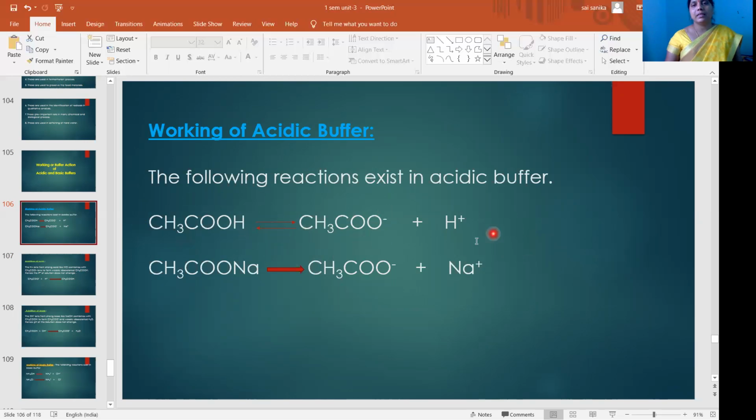So by adding acid or base, there is no change in the concentration of H plus ions or OH minus ions. That is the common ion effect you are observing, so the pH value is not changing.